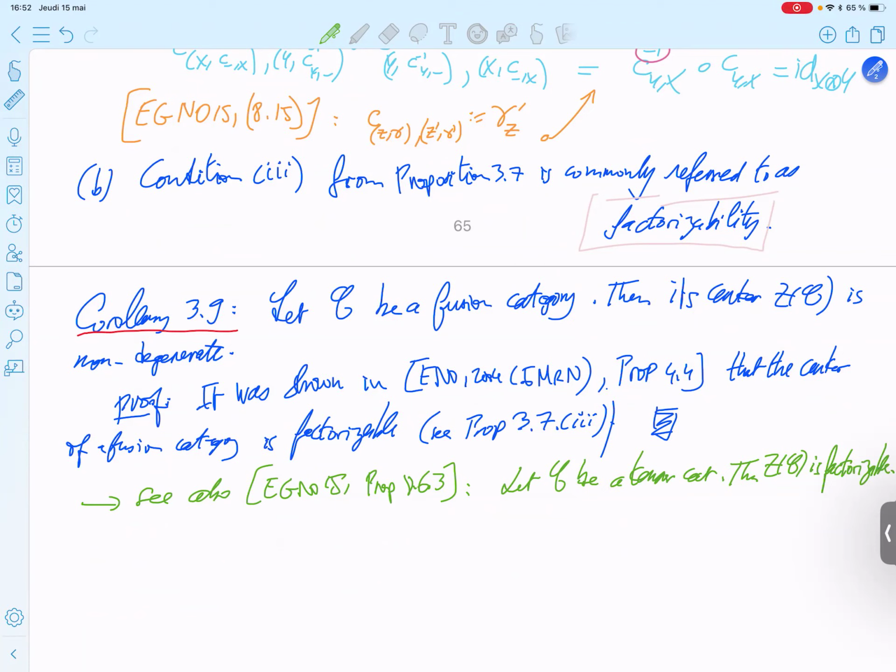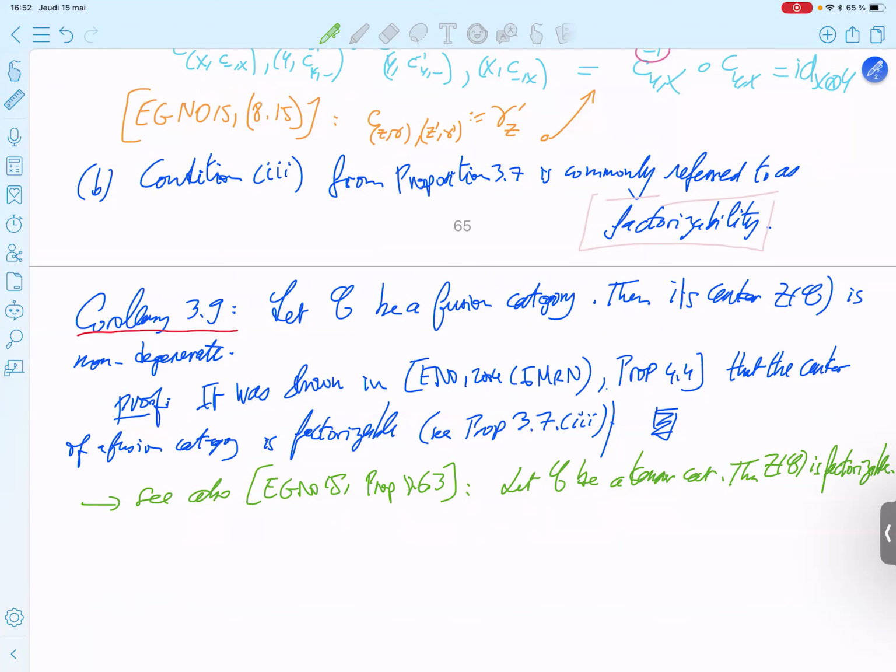In this case, I don't know, they may not define the notion of non-degenerate for a non-finite tensor category because then you have an S matrix which will be infinite. So I guess in the book they define the S matrix for the finite case.